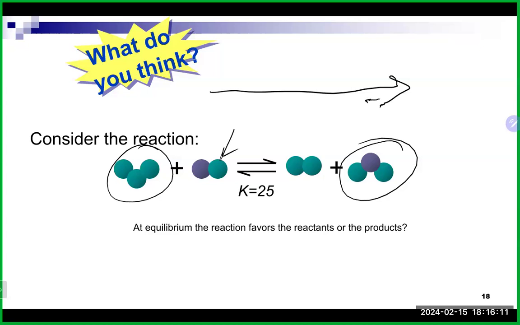Sometimes when people see a really large value, or even a really small value, they assume it must be a one-way street, one way or the other. But when you have a reversible reaction like this, even in those extremes, there is still a small amount going back the other direction because it ultimately is reversible.